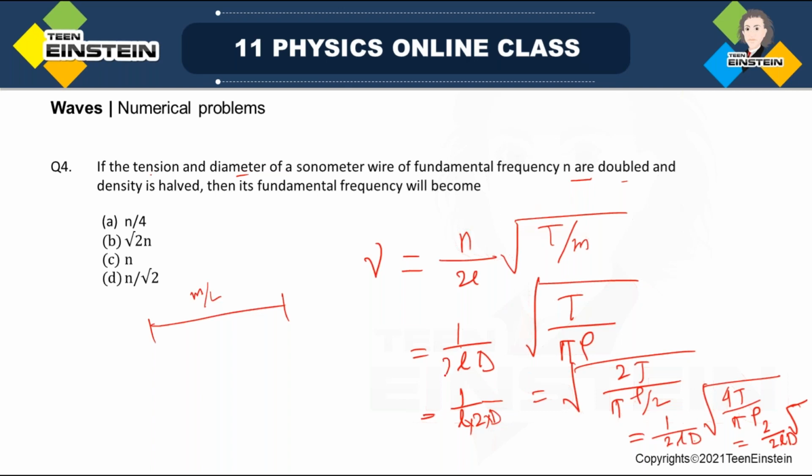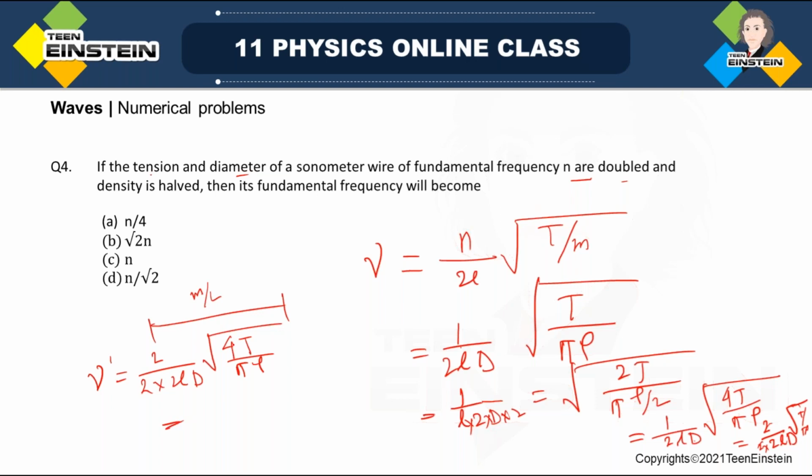I have missed one 2, so another 2 will be there. Finally you will see here also 2 will be there. So this 2 will get cancelled, and anyway this is T by pi rho. So what I'm getting, new fundamental frequency as 2 by 2 into 2LD root over 4T by pi rho. So this is what we have got.